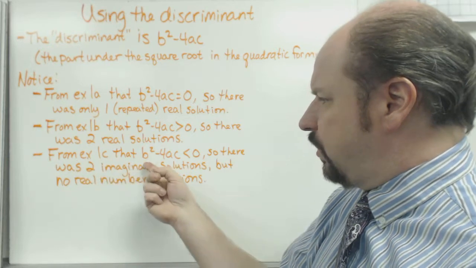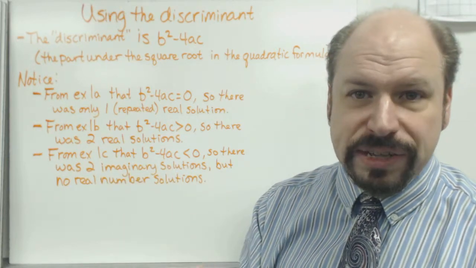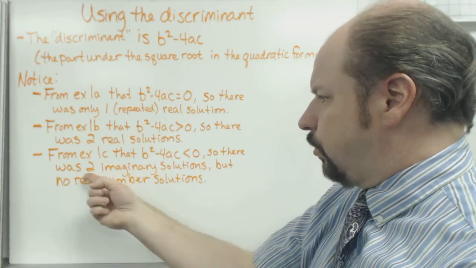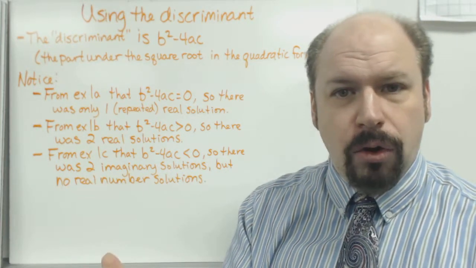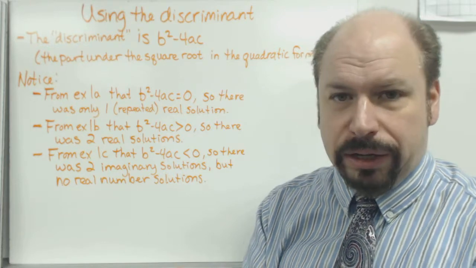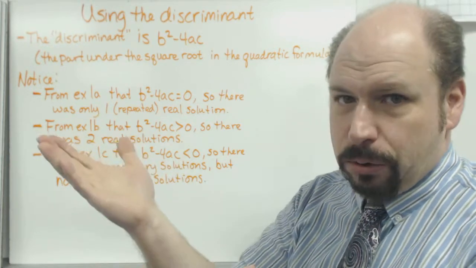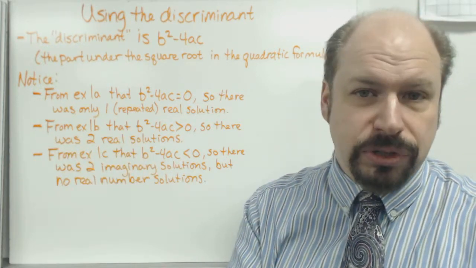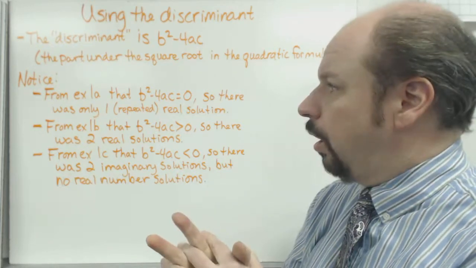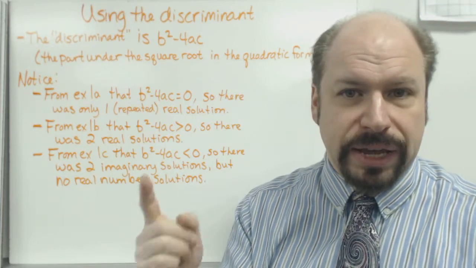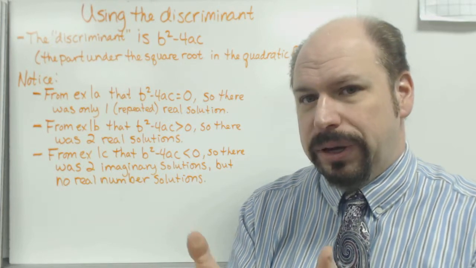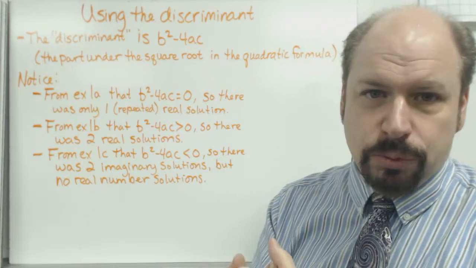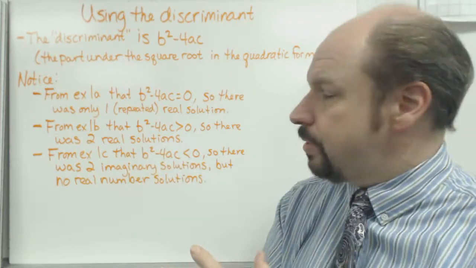From example 1c, b squared minus 4ac was less than 0, so there were 2 imaginary solutions, but no real solutions. Hopefully by now you've noticed with quadratic equations that since the power is 2, we end up with 2 solutions at most. Sometimes in that one special case, we might only have 1 solution, but remember that's a repeated solution. So in a way it's 2, but we only count it as 1 for purposes of this.